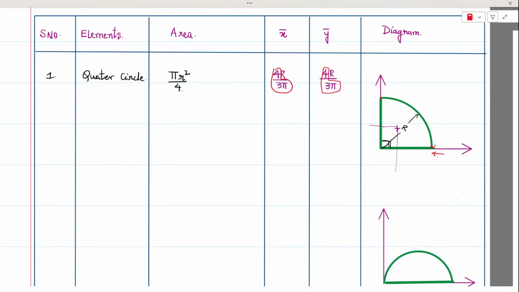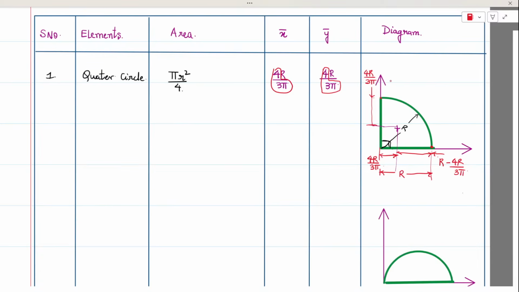So in that case, the distance would be r minus 4r by 3 pi, because the total distance or base of the quarter circle is r, and this distance, by using the first principle, we get as 4r by 3 pi, and the left out dimension will be r minus 4r by 3 pi. Same way, even if we are going from the top, this dimension will once again be 4r by 3 pi.